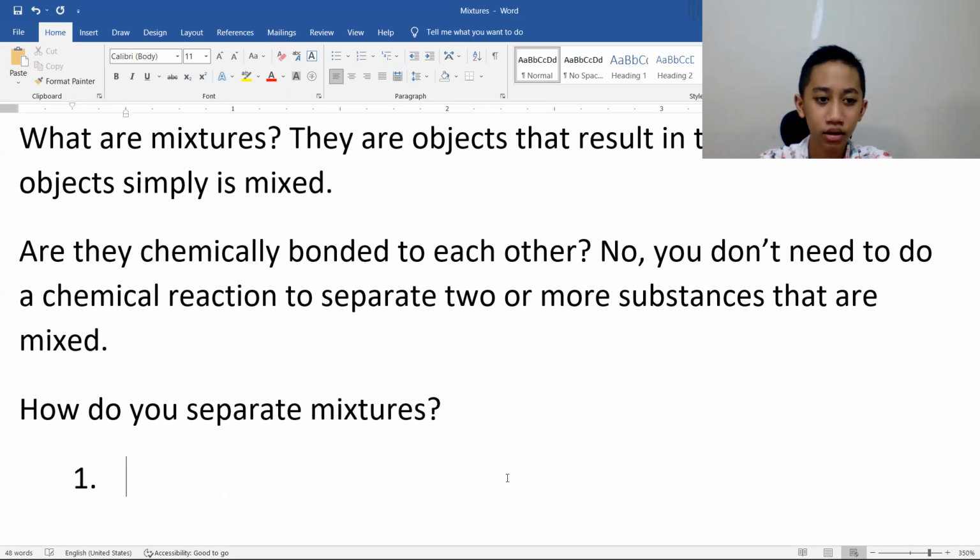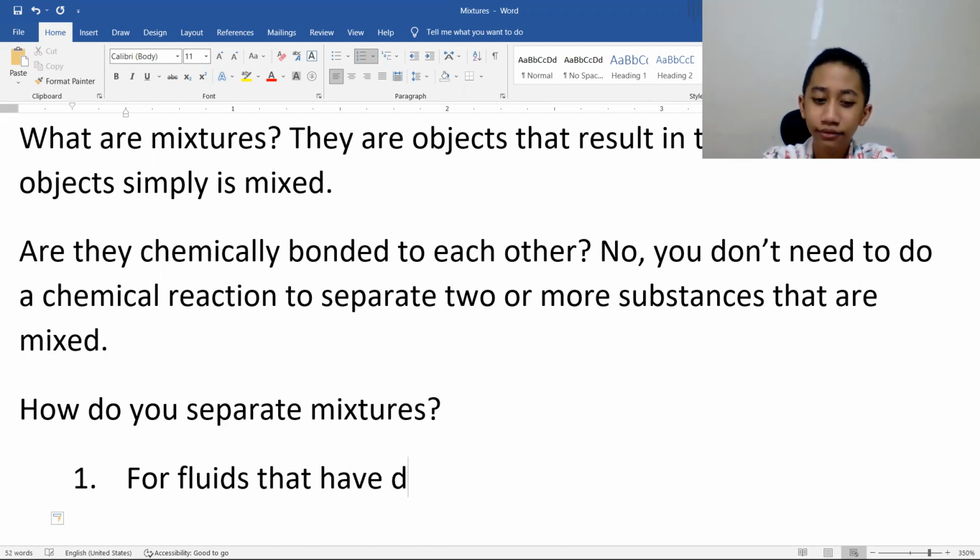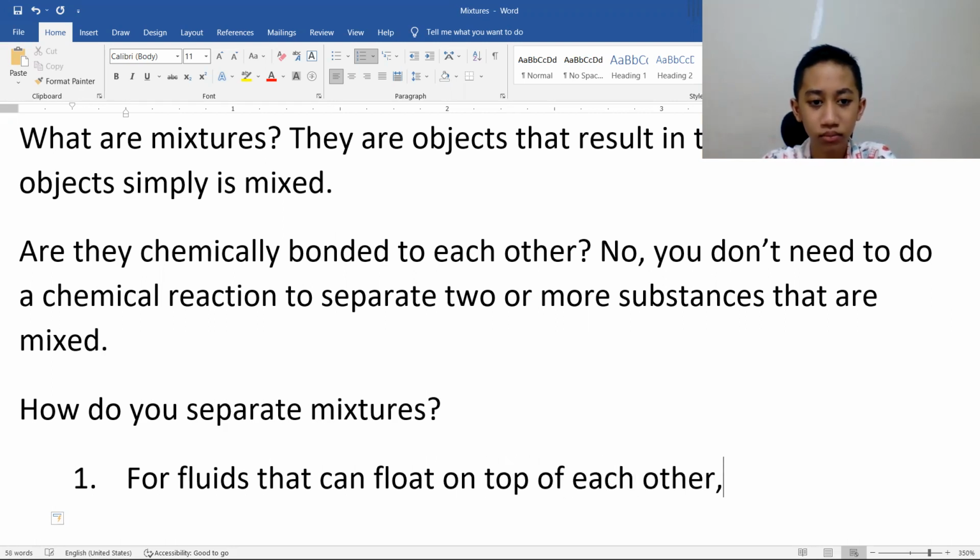Number one, for fluids that have different weight, I guess, that can float on top of each other.